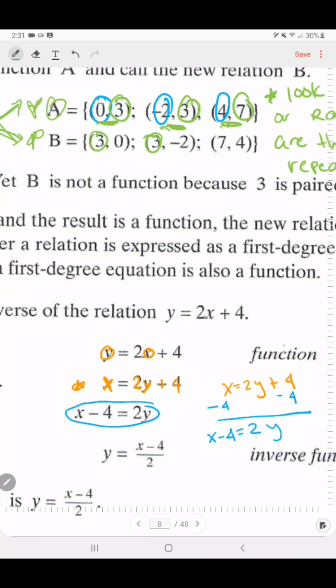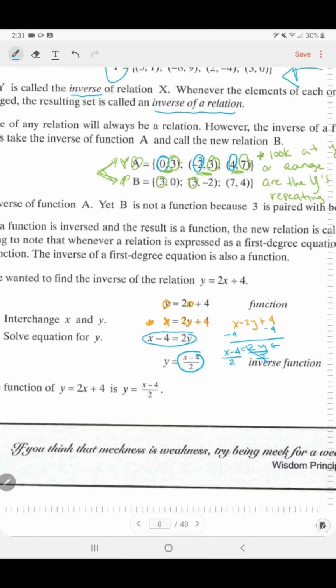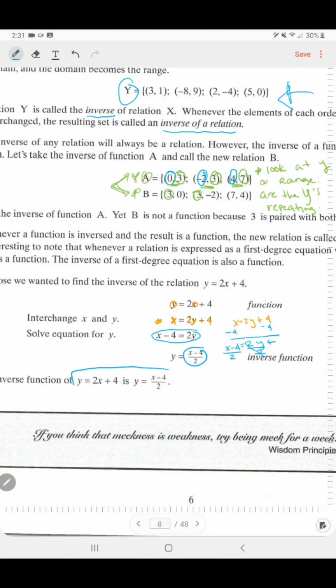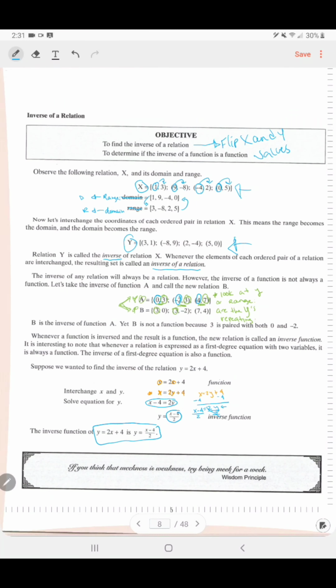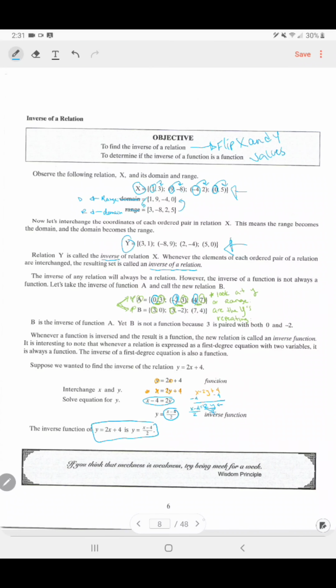And then to get the Y by itself, you divide by 2, which is what you have here. So that is the inverse. And then I'll go through these again with you on the next page, or when the examples come up.